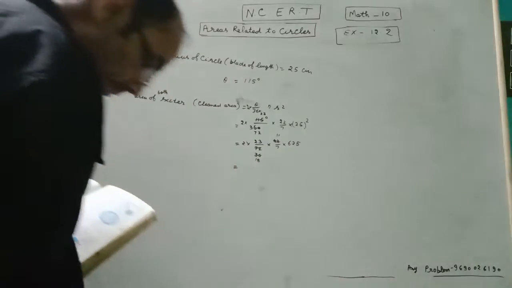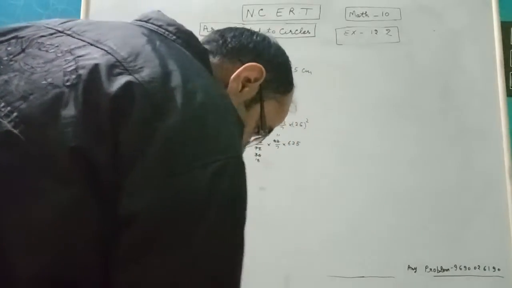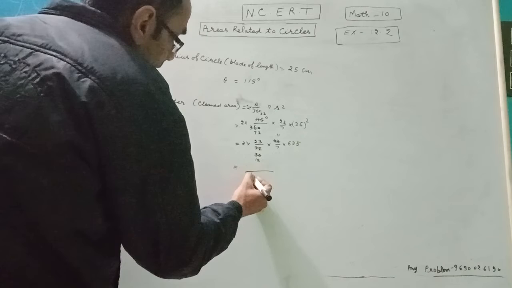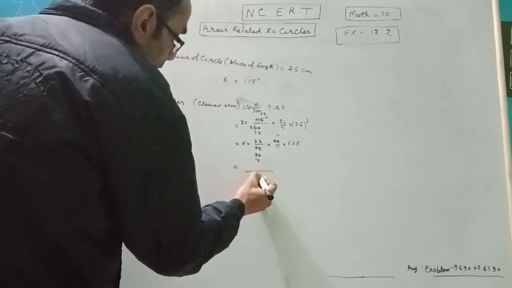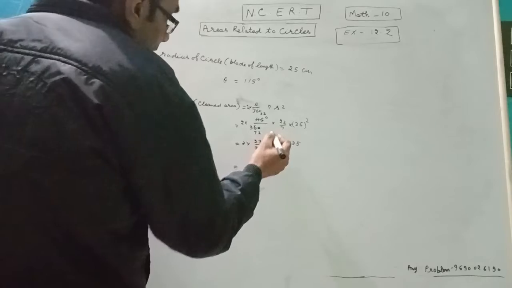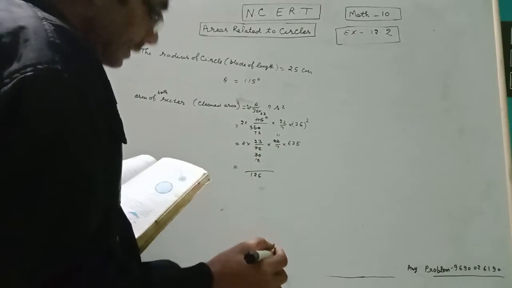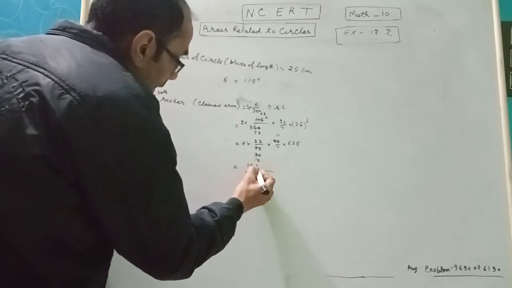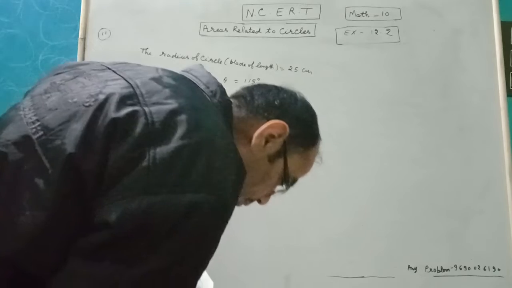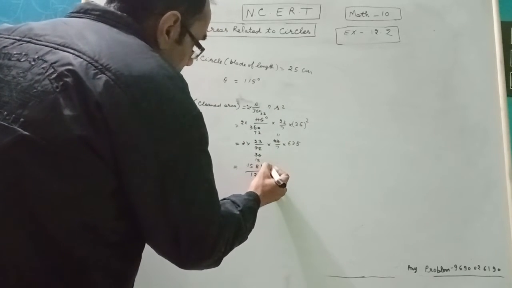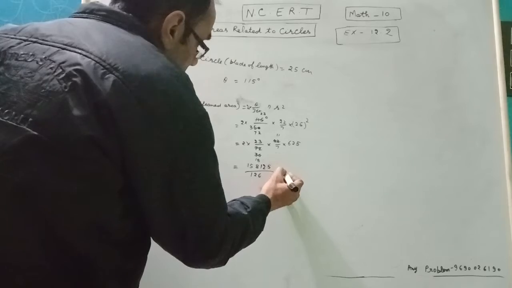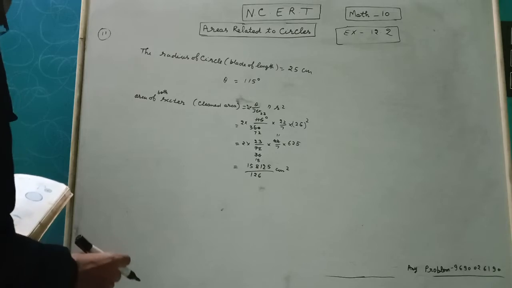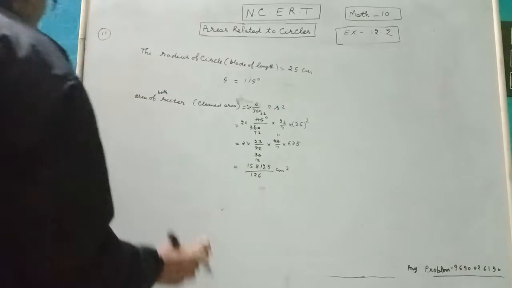After multiplying, 18 sevens are 126. 23 multiplied by 11 and 625 multiplied by 8 gives 158125 cm square, which is the area cleaned by both blades. Question number 11 is complete.